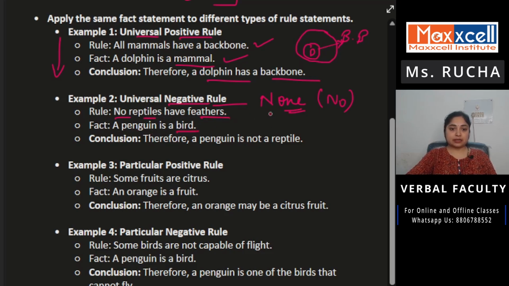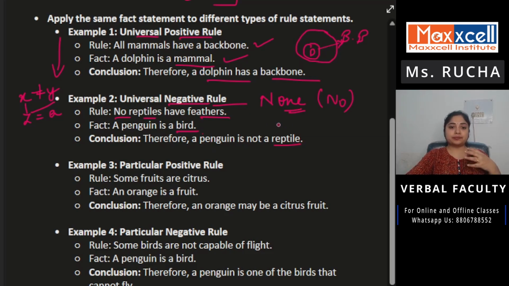So, if x is never equal to y, and z is equal to a, which automatically means z is neither equal to x nor equal to y, right? Which means a penguin certainly is not a reptile. So a penguin is not a reptile is one of the logical conclusions.